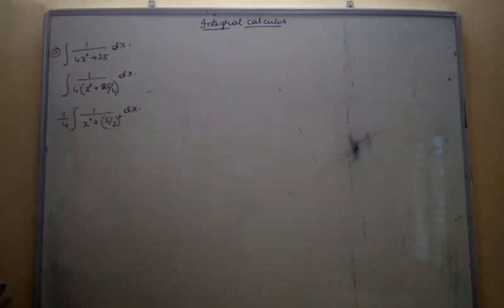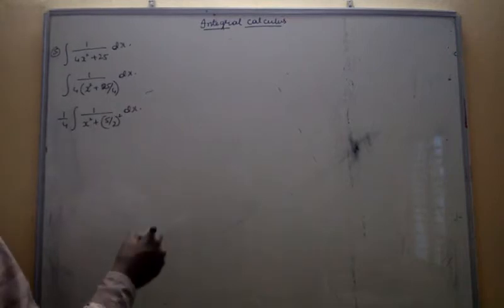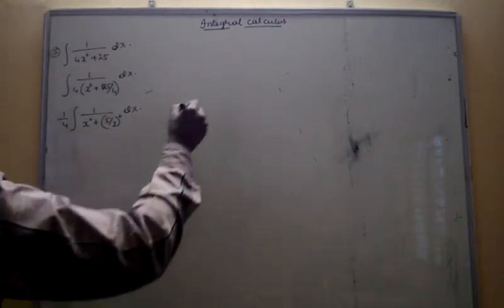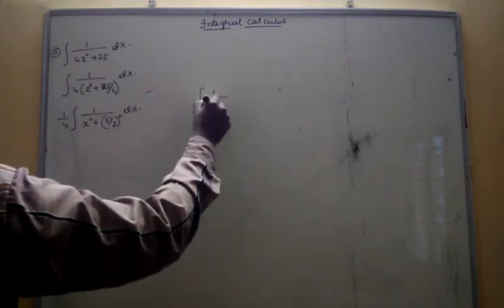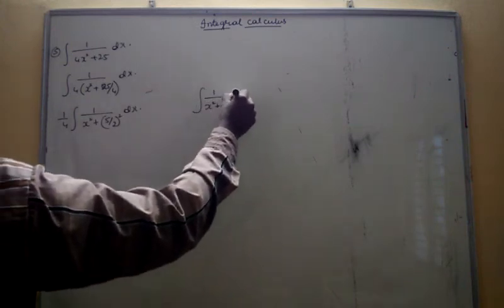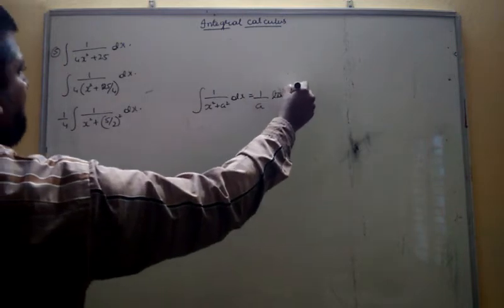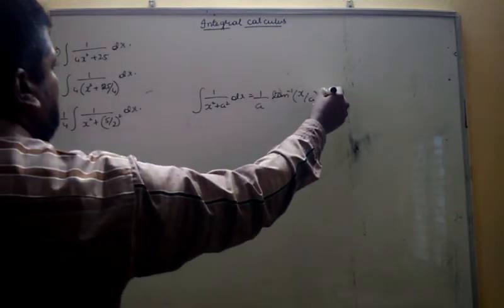So it is in the form of x square plus a square, which gives tan inverse. Integration of 1 by x square plus a square dx can be written as 1 by a tan inverse of x by a plus c.